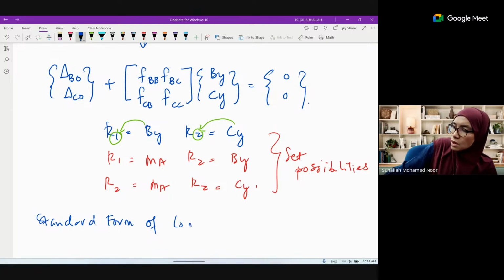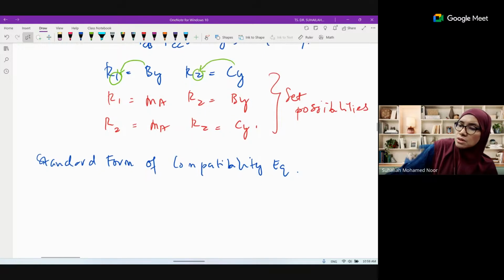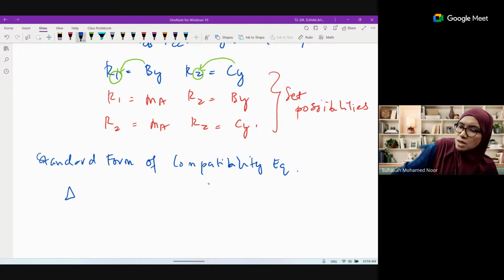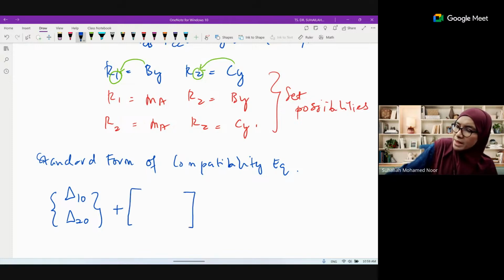Delta B naught becomes delta 1 naught, and C naught becomes 2 naught. So delta 1 naught, delta 2 naught, redundant 1, redundant 2. The first notation is still for the position. Plus, with 2 redundants, we will have a 2 by 2 matrix.